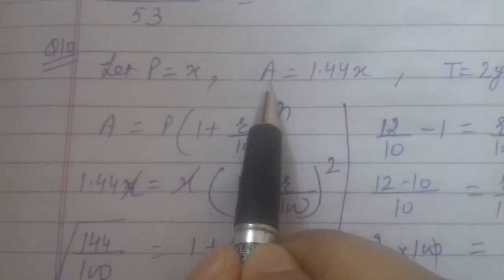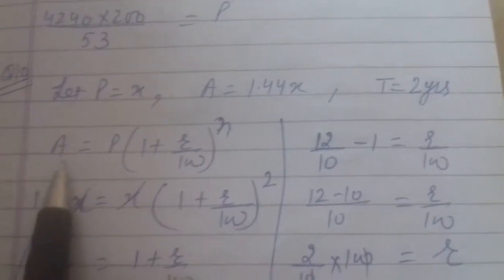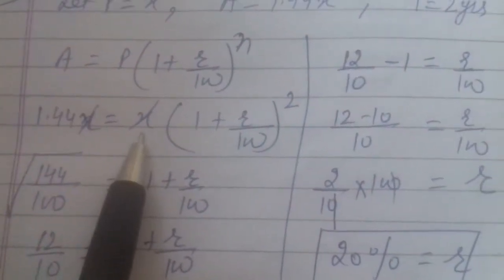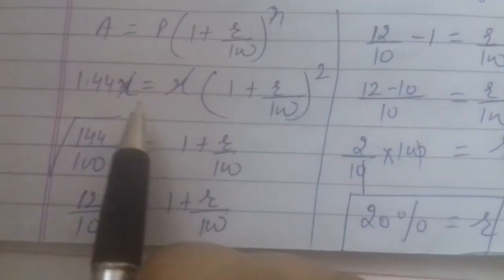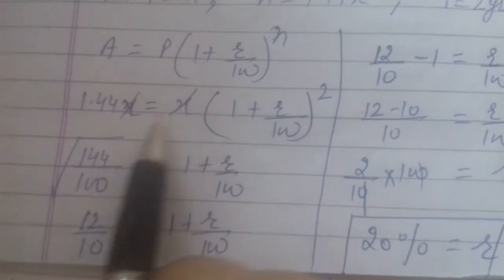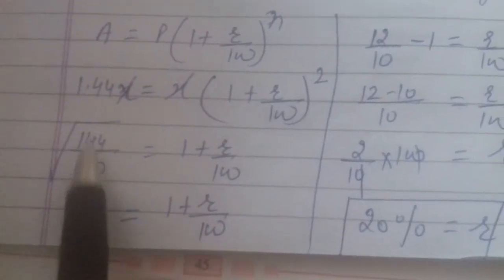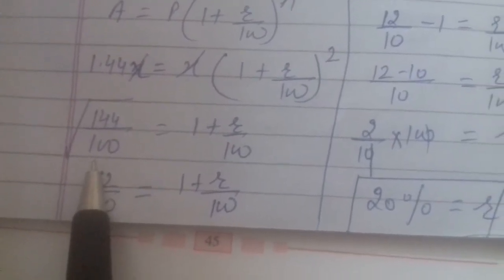Look children, as the amount is given, I will apply the formula of amount. Now what is the amount? 1.44x is given to us, equal to principal x, (1 plus r by 100) raised to the power 2. I can cut x and x because when you take x to this side, it gets cancelled. Then children, what you are left with, 1.44 can be written as 144 by 100.